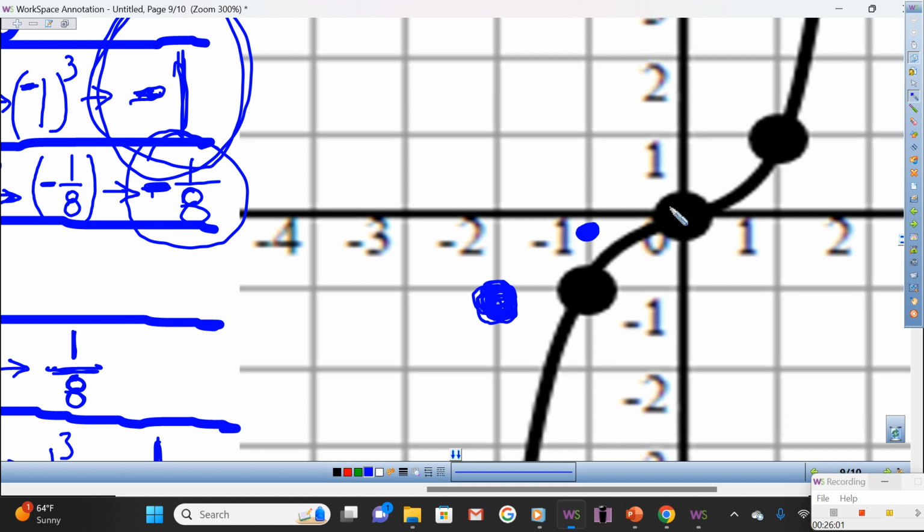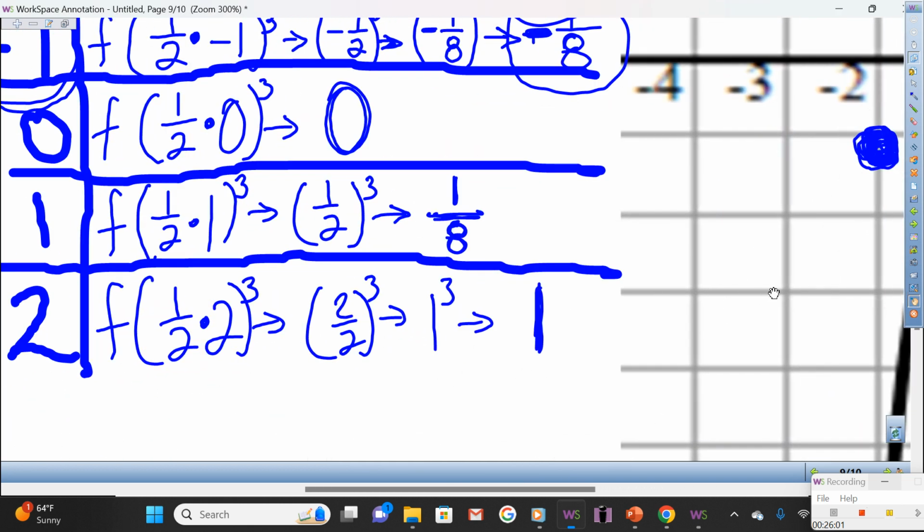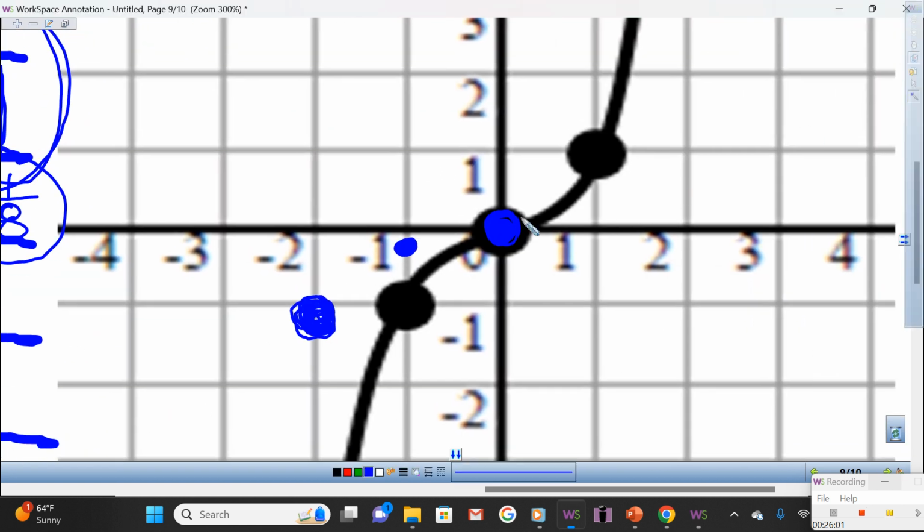All right. Then 0, 0. What's the next value? The next value is 1 and +1/8. Here it is, right here.